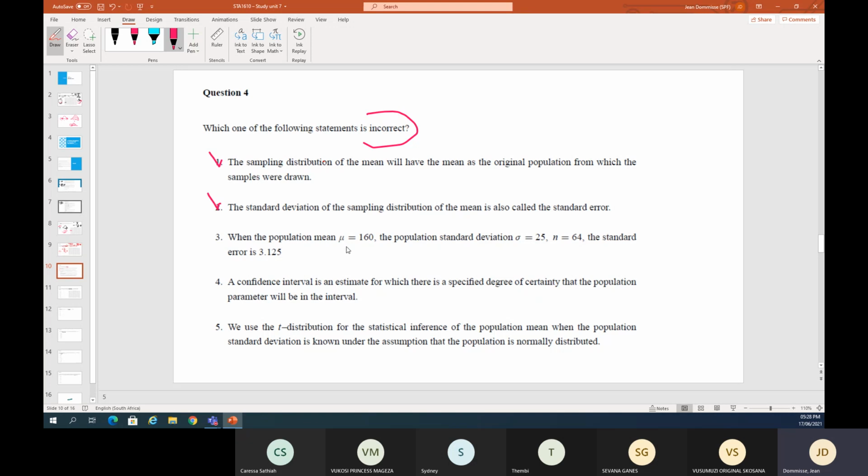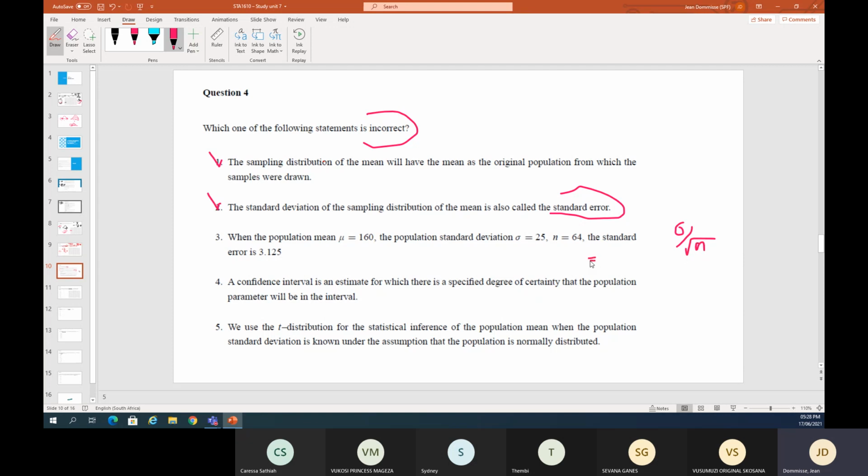When the population mean is 160, the population standard deviation is 25, and your N is 64, the standard error is... So here they ask you to work it out, whereas before they asked whether you understand what the standard error is.